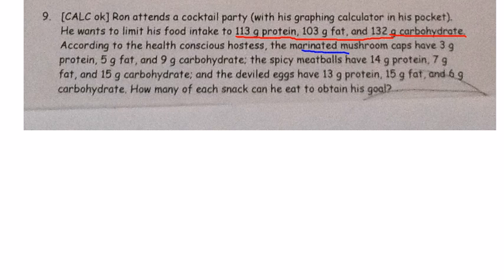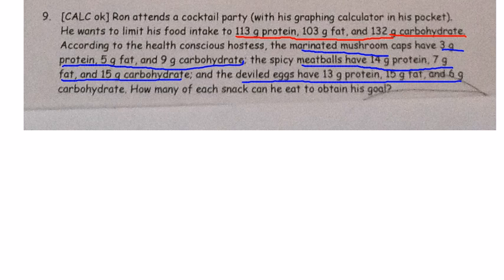So marinated mushrooms have 3 grams of protein, 5 of fat, 9 of carbs. The meatballs have 14, 7, 15, and deviled eggs have that right there. So we want to know how many of each snack he can eat to obtain his goal.